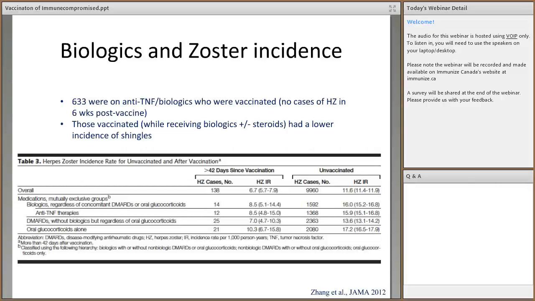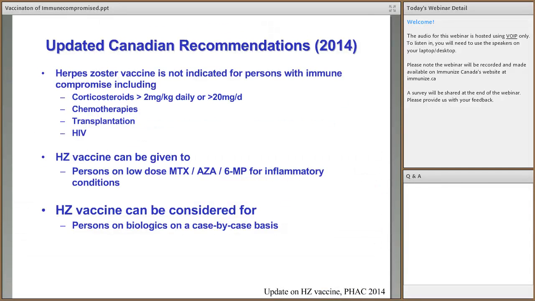And in fact, when these patients were followed over time, it was noted that those that were vaccinated actually had a lower incidence of shingles overall. So not only was it safe to receive zoster vaccine if persons were on anti-TNF drugs, they also had a lower incidence of shingles. So the updated Canadian recommendations after reviewing these data were as follows.